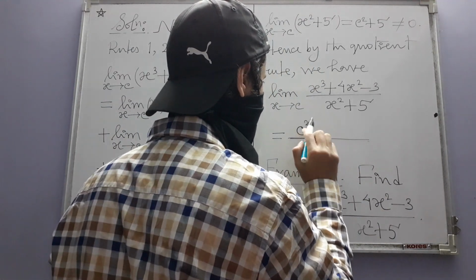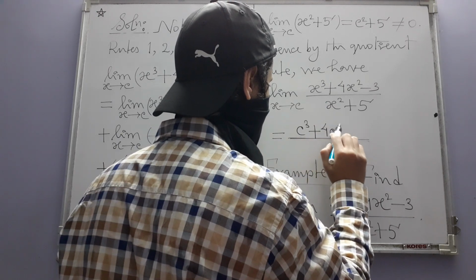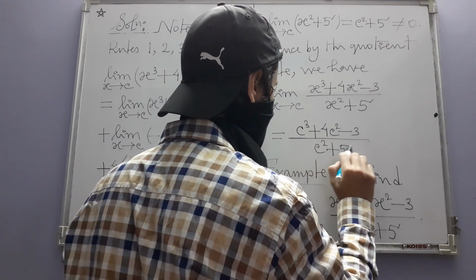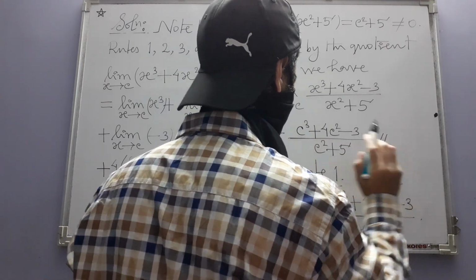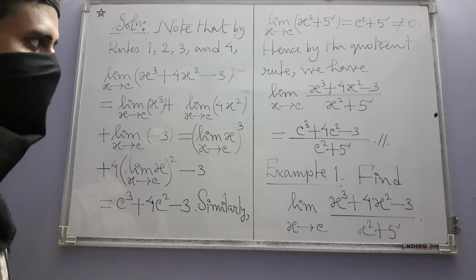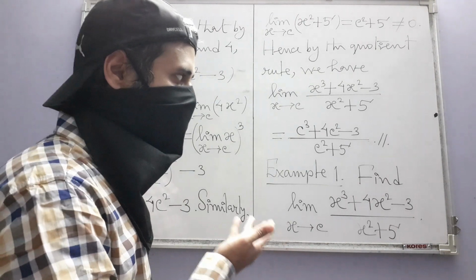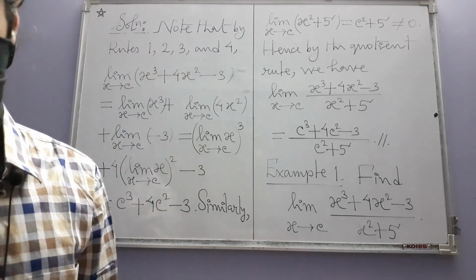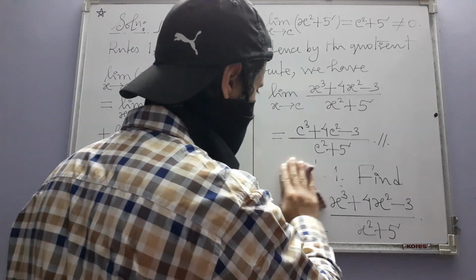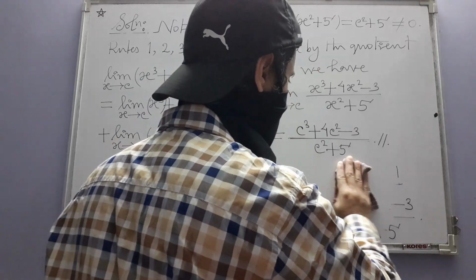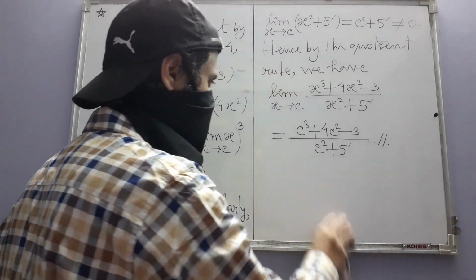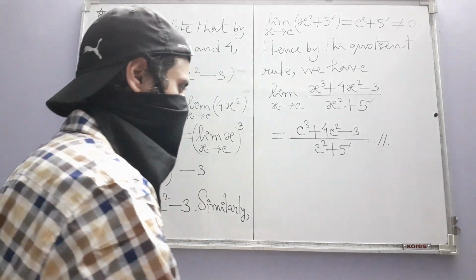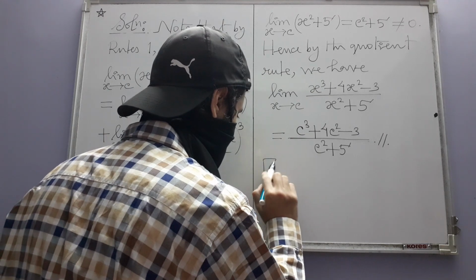That means c cube plus 4c square minus 3 divided by c square plus 5. So this is the limit. And in fact, now you can see that this matches with what we were doing back then, where we were solving those exercises. Now we know why the things that we did there are actually justified. They are justified by theorem 1. Let's now see another one.